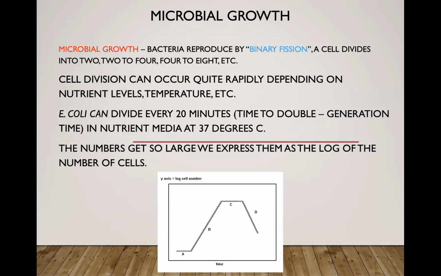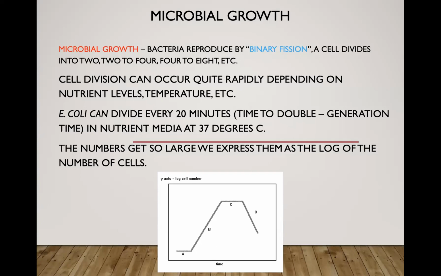This process happens quite rapidly depending on the presence of the required nutrients and the environmental conditions. If the environmental conditions are optimal for the growth of our organism, then this replication or reproduction is going to happen very quickly. For example, E. coli, which we use as a model organism in microbiology, divides every 20 minutes.